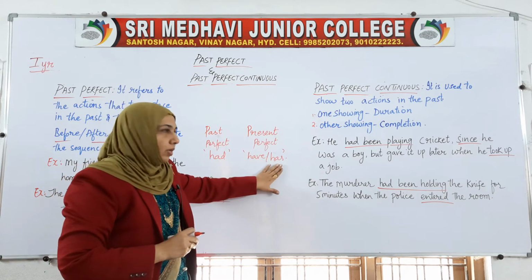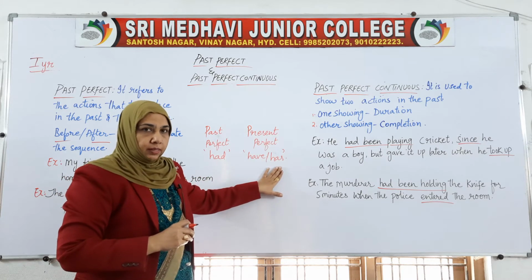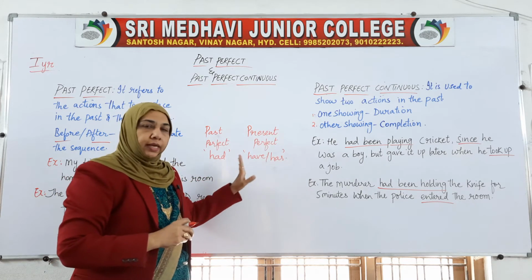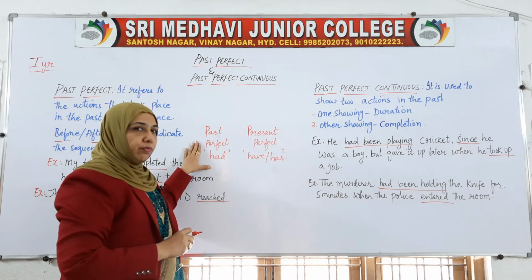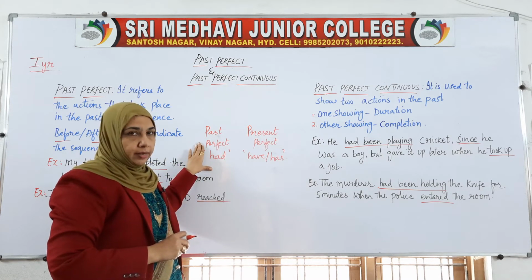For the third person singular we use has, whereas for the others we use have. But in the past perfect, for all we have to use had.